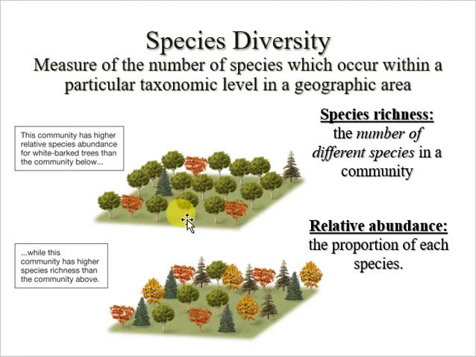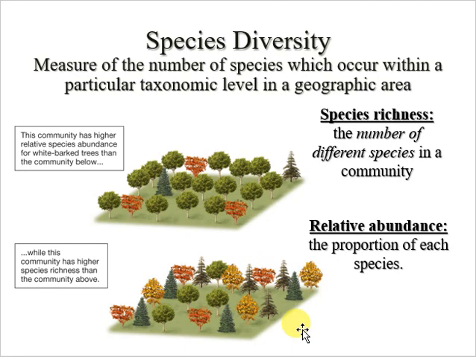The relative abundance of this species in general in this community as well is far greater than the abundance levels of the other species, right? And we'll talk about this in a moment, why this is actually a poor indication of species diversity, why this community is representative of lower species diversity, whereas this is higher species diversity.